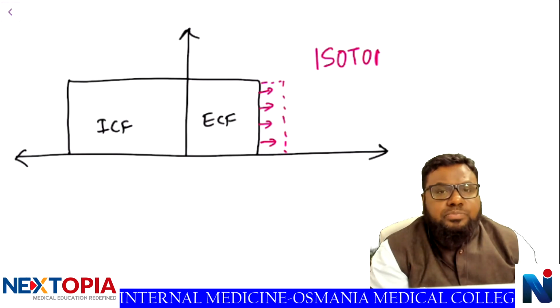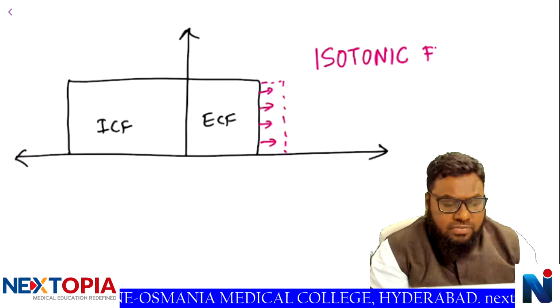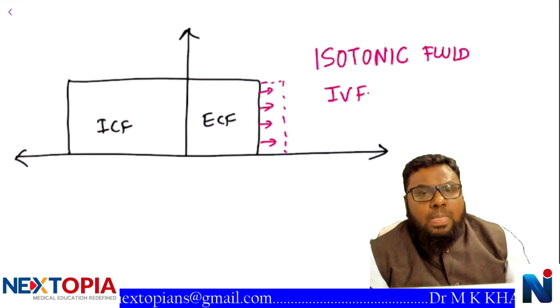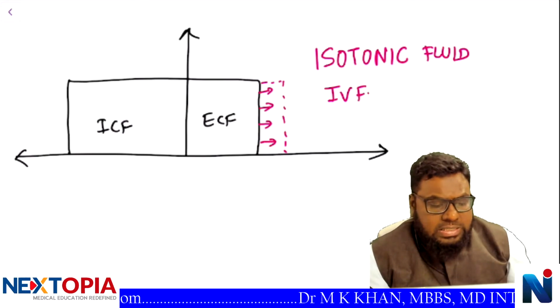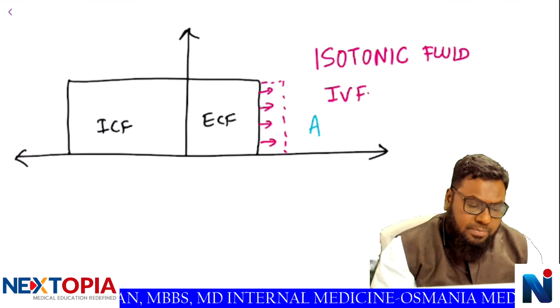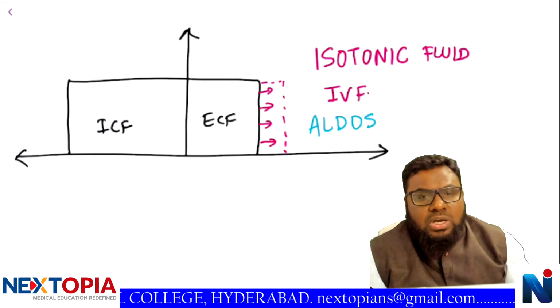When does it occur? It occurs if a person is given isotonic IV fluids, and sometimes it occurs if the person is suffering from hyperaldosteronism, which causes water retention in the body.